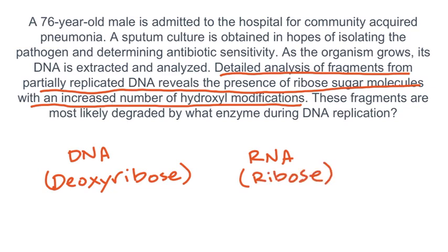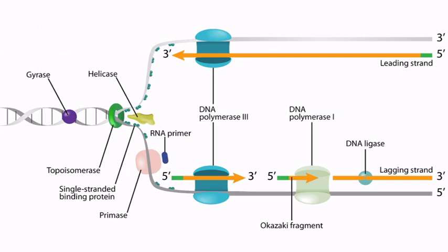Therefore, ribose contains one more hydroxyl group than deoxyribose. So the question stem is telling us that the analysis has revealed the presence of RNA. From the overview figure, recall that during DNA replication, RNA is present in the form of primers. You can see these RNA primers right here. So the question is really asking how RNA primers are degraded. Recall that this occurs by the enzyme DNA polymerase 1.